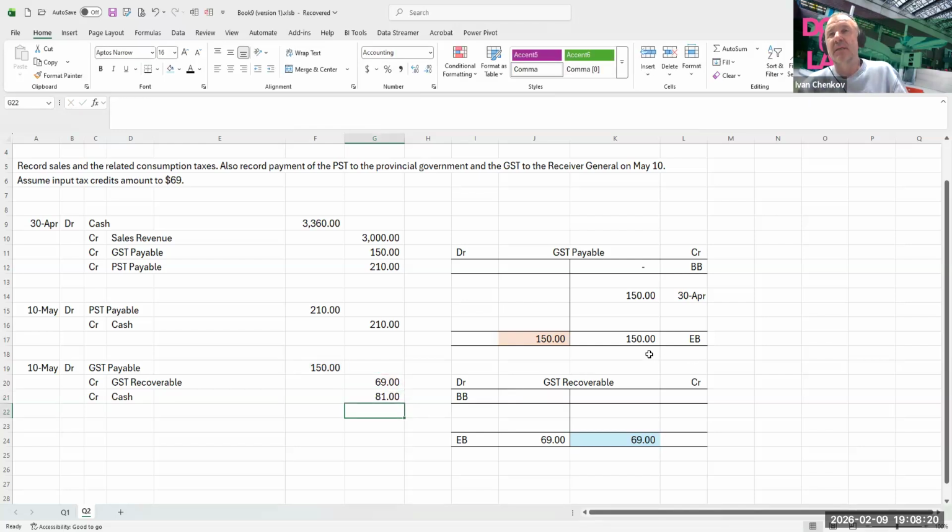So that's how, in the next period, the GST payable account is now zero. As of May 10, the balance of this account will be zero, and GST recoverable will be zero, and we can start accumulating again to see what's going to happen for the month of May.